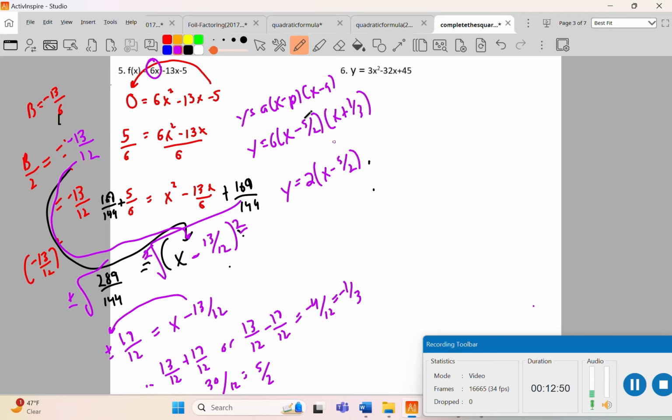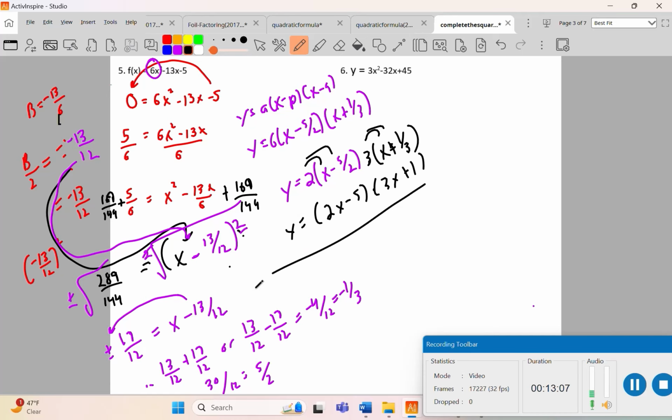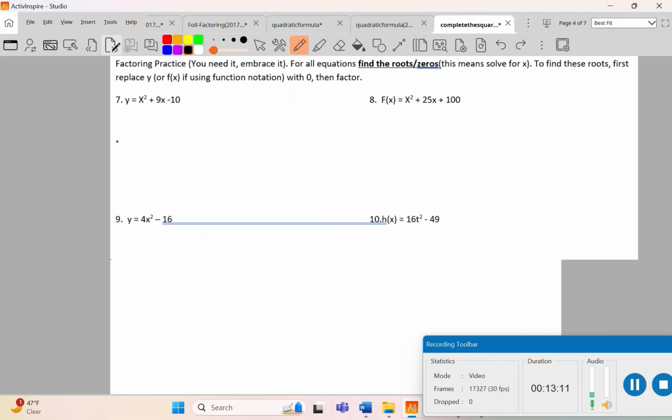And then 6 is 2 times 3. Put a 3 there. Distribute my 2 in. I'll have 2x minus 5. Distribute my 3 in. I'll have 3x plus 1. And there's the fully factored form. Sorry I made a mistake and burned up some of your time.